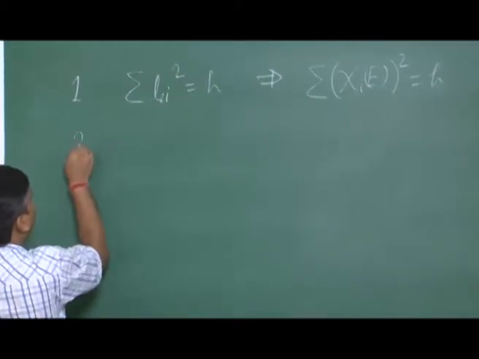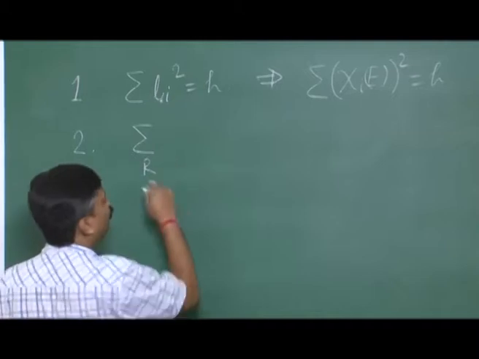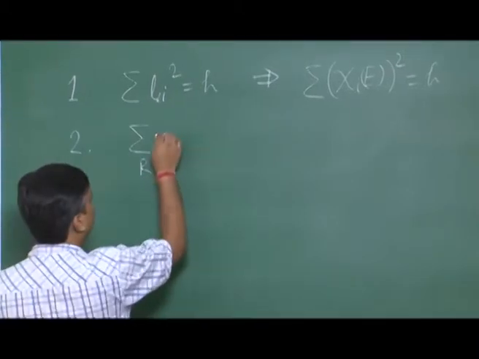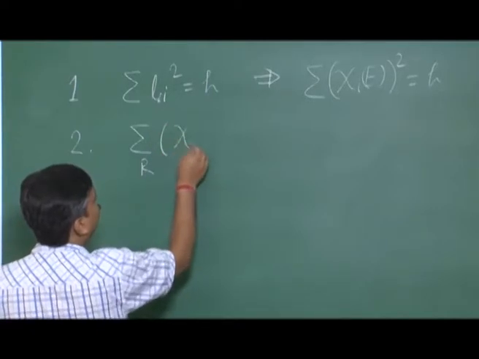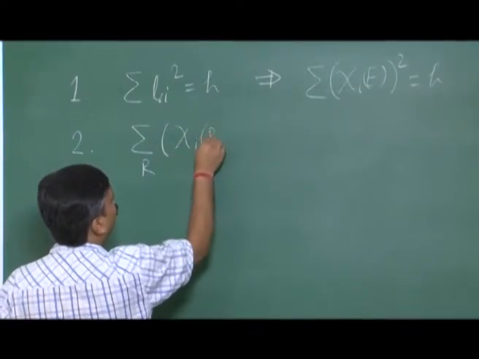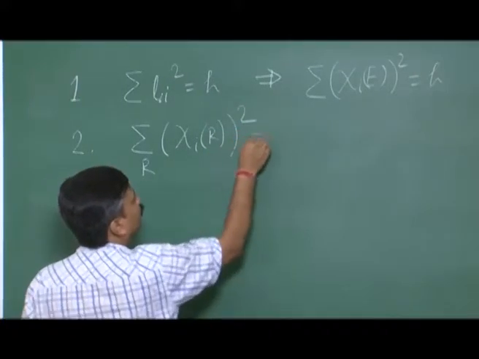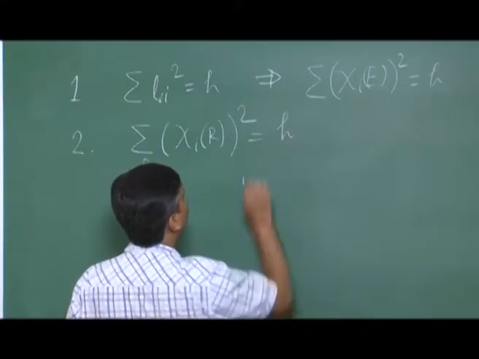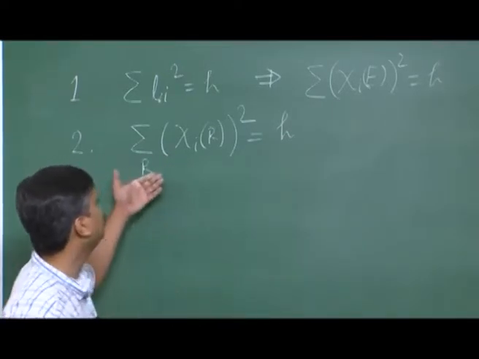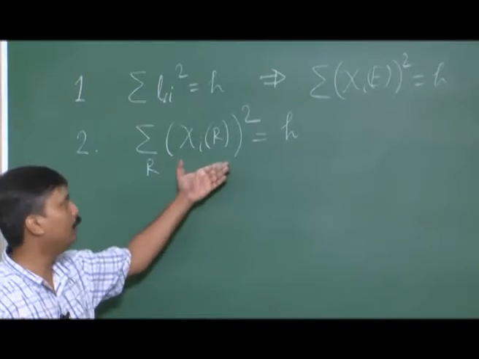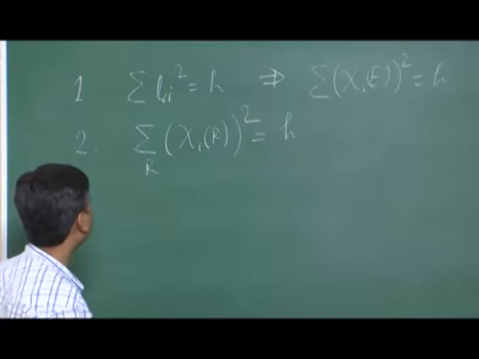And as rule 2, we found that if we take the characters corresponding to any particular given representation, square them and sum over all the symmetry operations, then that is equal to the order of the group.